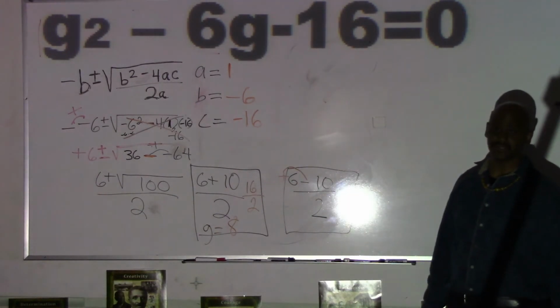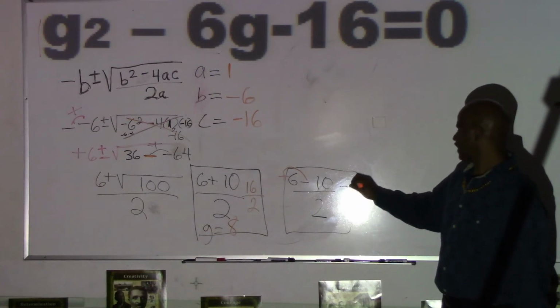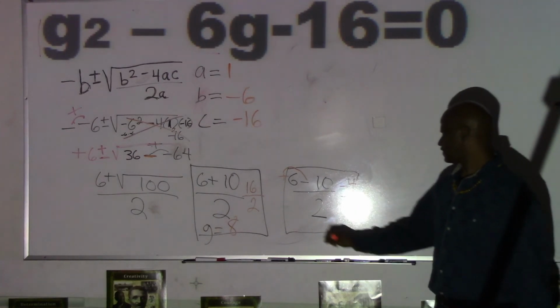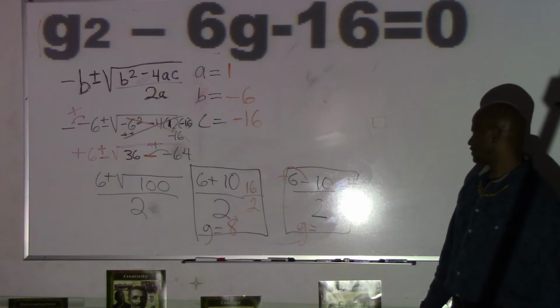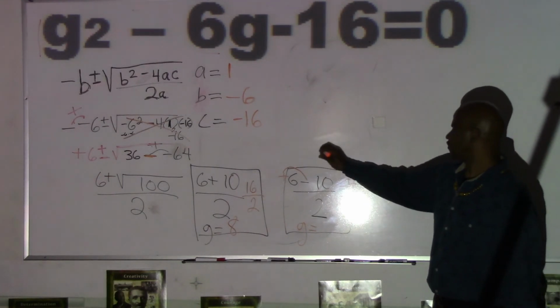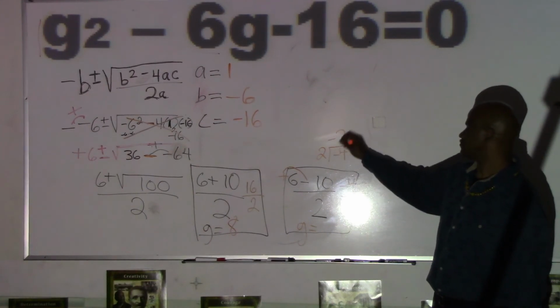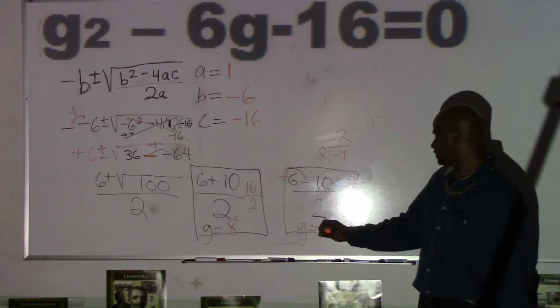Those signs are different, so we subtract and get negative 4 over 2, which is negative 2. The answer is negative 2, since we're dividing by 2.